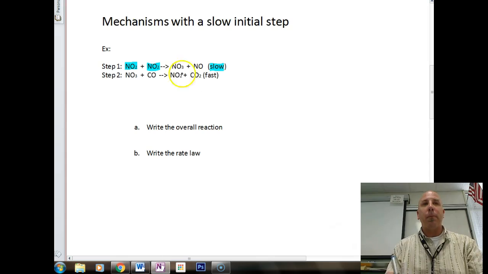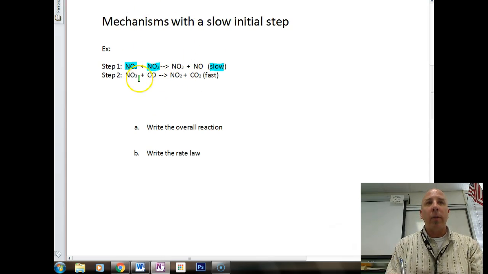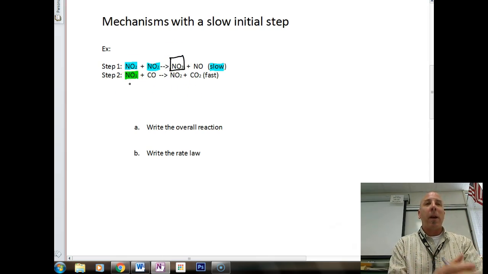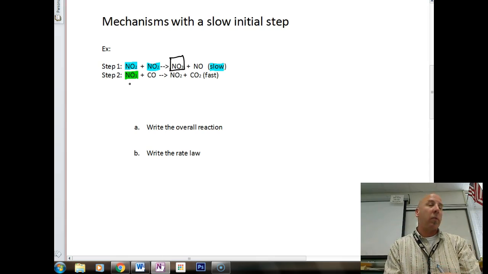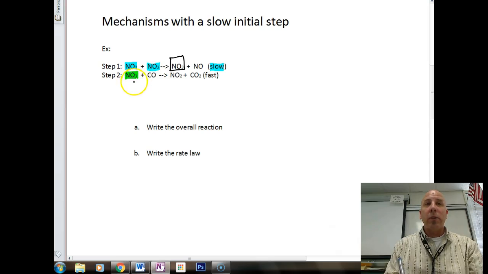Then what is happening in our fast step is we have nitrogen trioxide. The same nitrogen trioxide that was produced in our slow step in step one is being consumed in step two. Anything produced in the first step and consumed in the second step is called an intermediate. This intermediate, nitrogen trioxide, is needed to get the second reaction going.